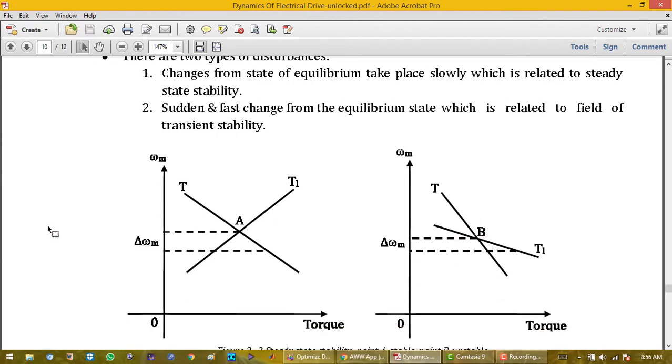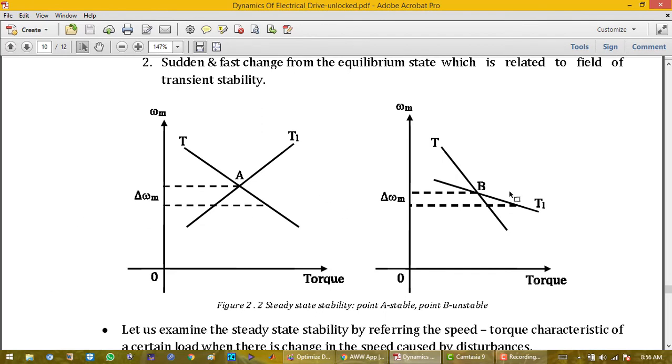Okay, so we will discuss these two graphs. If we examine them, this is my motor torque curve and this is my load torque curve. Now the speed changes from, suppose, omega m1 to omega m2.